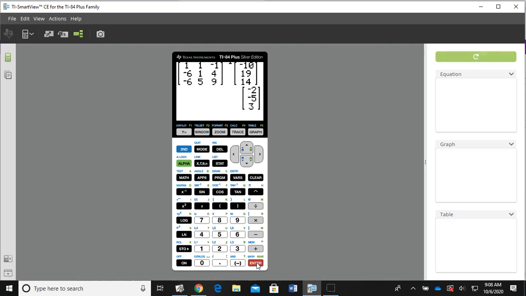So what's x? -2. What's y? -5. What's z? 3. X is -2, y is -5, z equals 3. And if you do hit enter by mistake, no big deal. Just hit second enter and it'll bring it back up and you can fix what you didn't do.